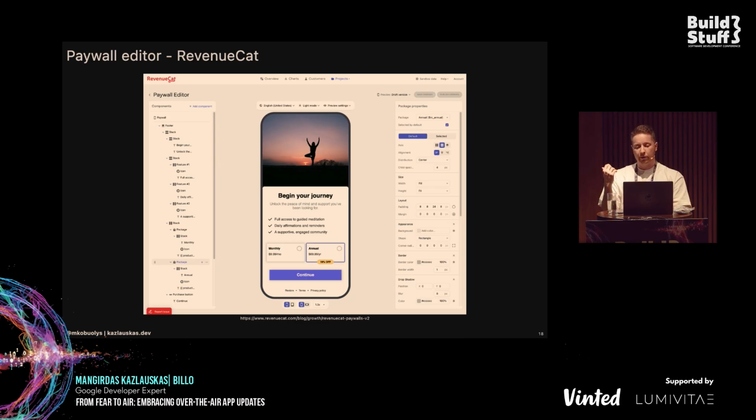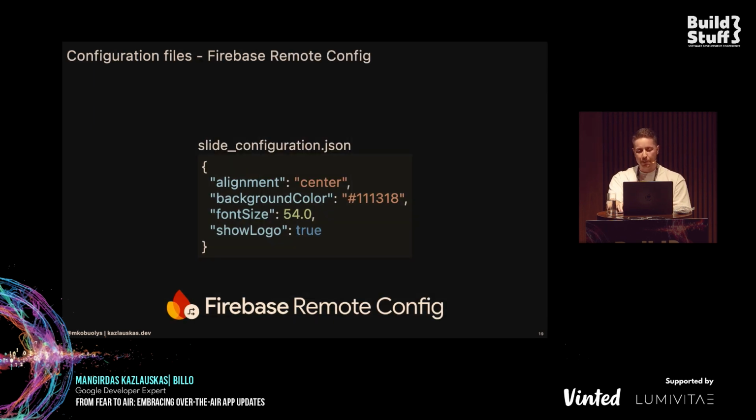RevenueCat is also pretty powerful with A/B testing and different paywall strategies: subscriptions, pay-as-you-go options, or pay once and have the app for the rest of your life. You can test between those, and when we are talking about testing overall, shipping those tests in front of the users as fast as possible is crucial in most businesses.